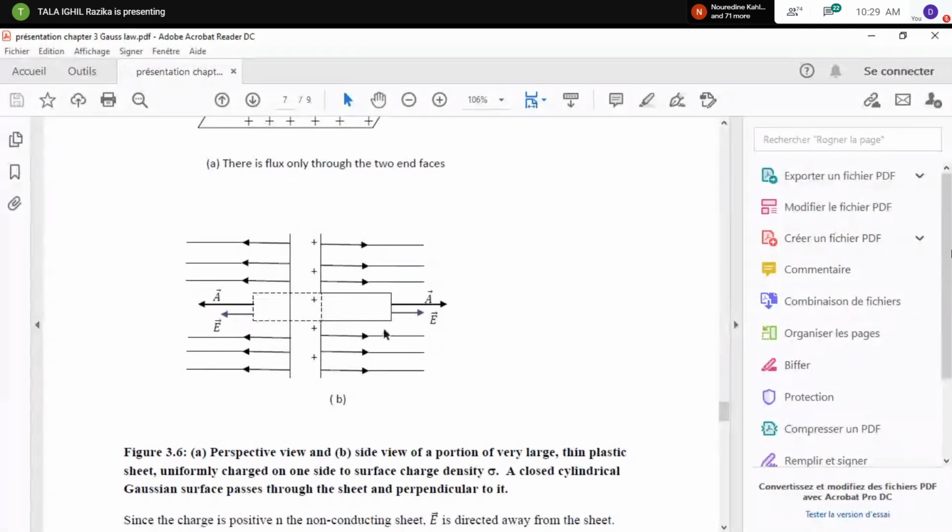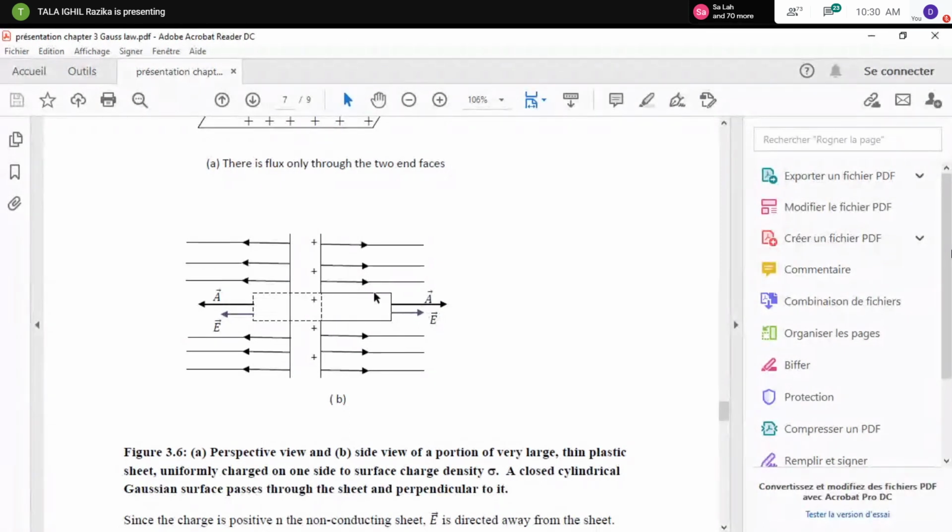Here, the electric field is going outside, so we have the electric field in this horizontal direction. On the caps, E and the area surface are parallel, but on the lateral surface the electric field is perpendicular to the area surface. So there is no flux for the lateral surface, only the two caps will remain.